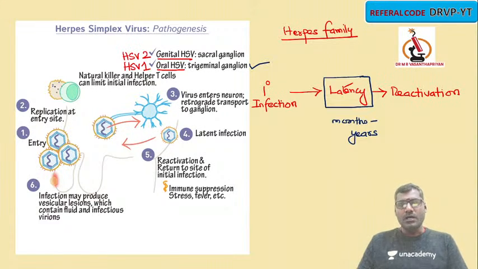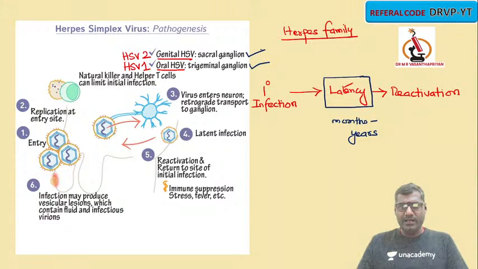Now coming to HSV2, it is mainly responsible for genital lesions. So genital ulcers or discharge and genital manifestations are more common with HSV2. After the primary infection, HSV2 goes latent in the sacral ganglion.